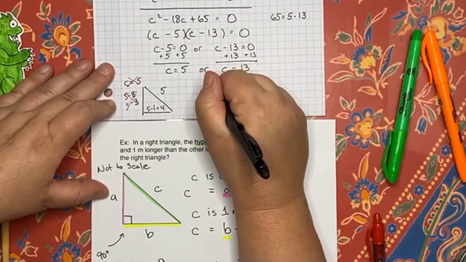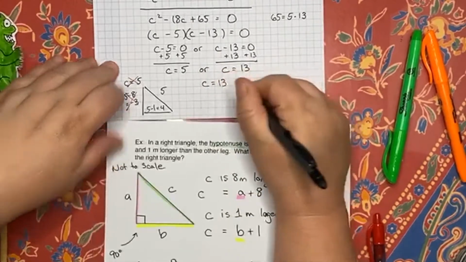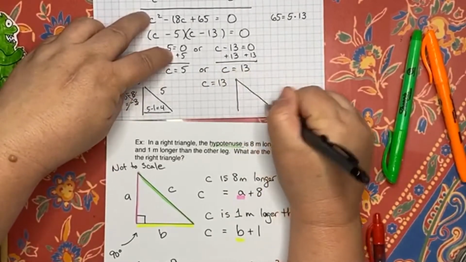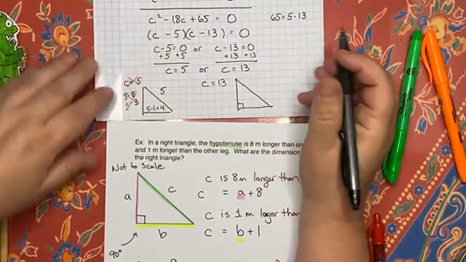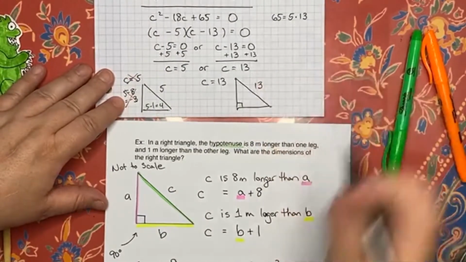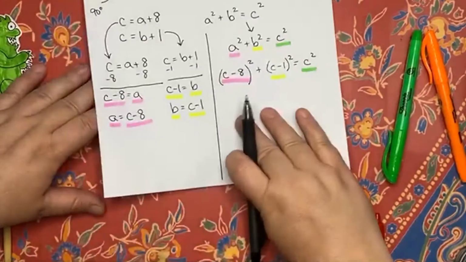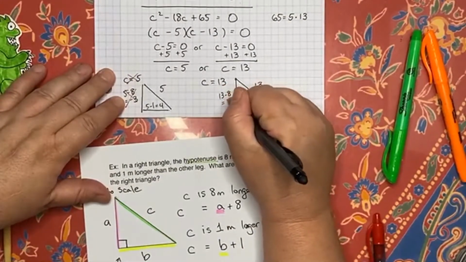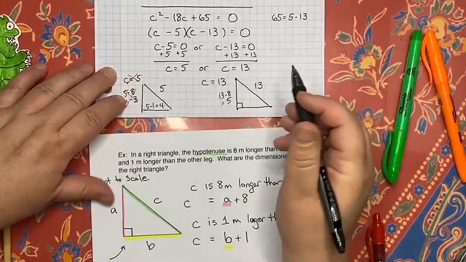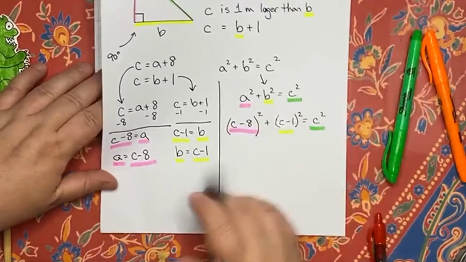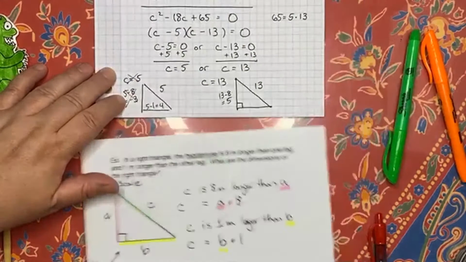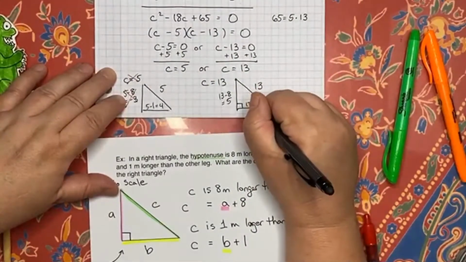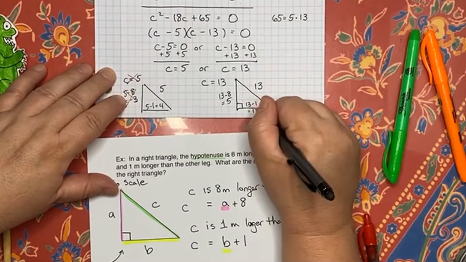Okay, what if we tried c equals 13? So c equals 13. What was A? A is c minus 8. So that's 13 minus 8, which is 5. And what is B? B is c minus 1. So that's 13 minus 1, that's 12.